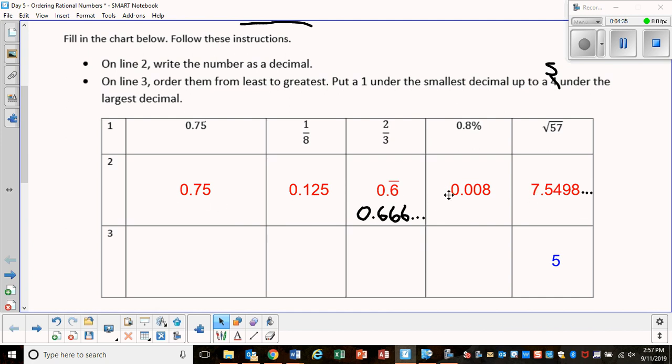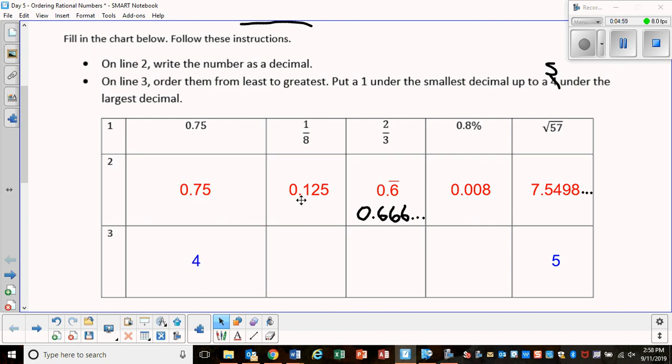Because they all had the same number in the front, we're going to move to the next digit, the tenths place. This guy has a 7, this has a 1, this guy has a 6, and this has a 0. So the next biggest would be this guy, because this one had the biggest digit in that section. So this is number 4.